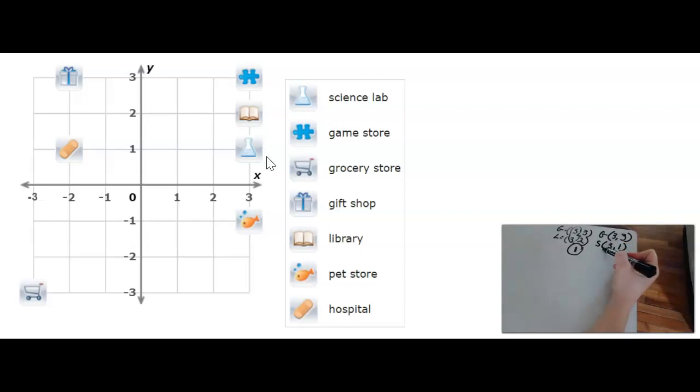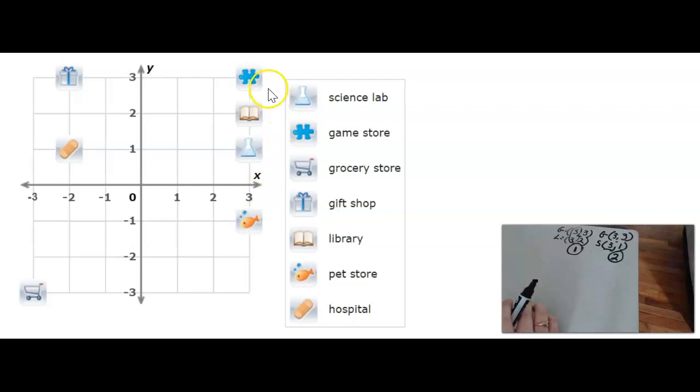So again, your x coordinates are the same, y coordinates are different, and therefore 3 minus 1 is 2. So these two places should be 2 blocks apart, and if we look over here, they are 1, 2 blocks apart, right? All right, so that's all easy, except for when you have our pet store down here. That's when it, excuse my pun, gets a little fishy, all right?